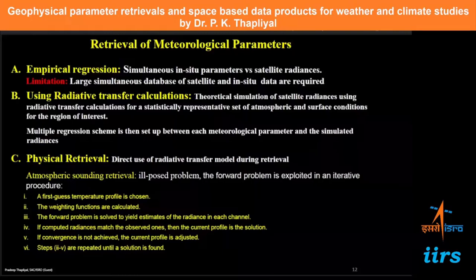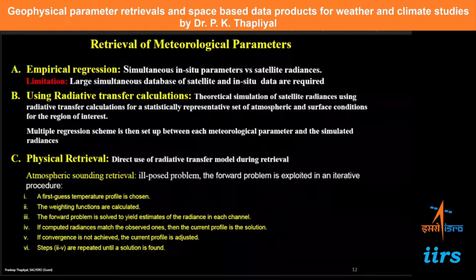So you can find out what was the bias in your RT model, and then if you incorporate that radiation transfer model dependent bias in your algorithm, you can get exact retrieval of the parameter after 3 to 6 months. Okay, and then you can say that my retrieval algorithm is now operational.